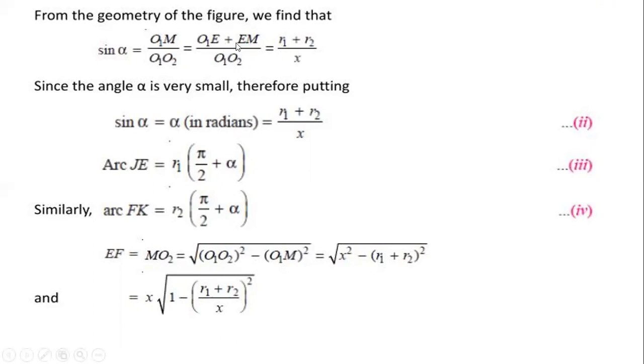O1E is taken as the radius of the driving pulley and EM is taken as the radius of the driven pulley. So we are taking the driver and driven pulleys.